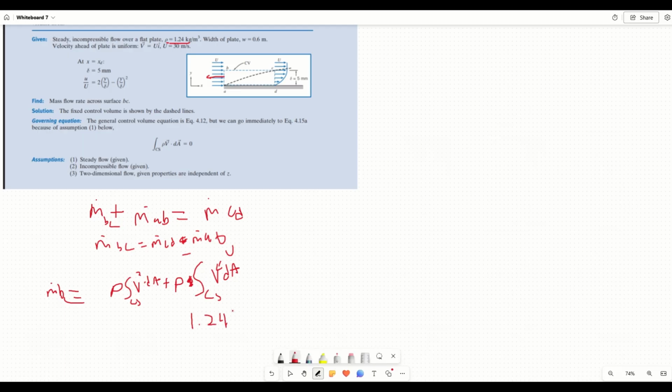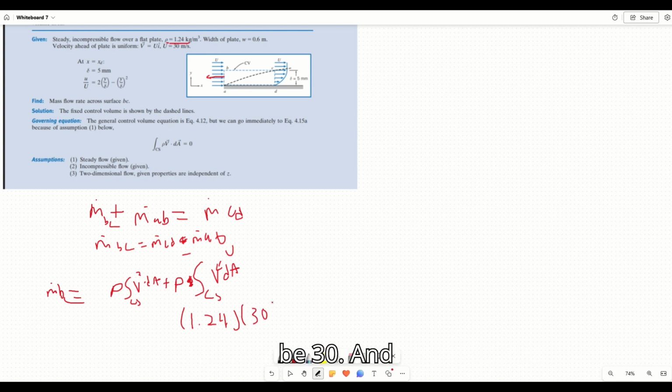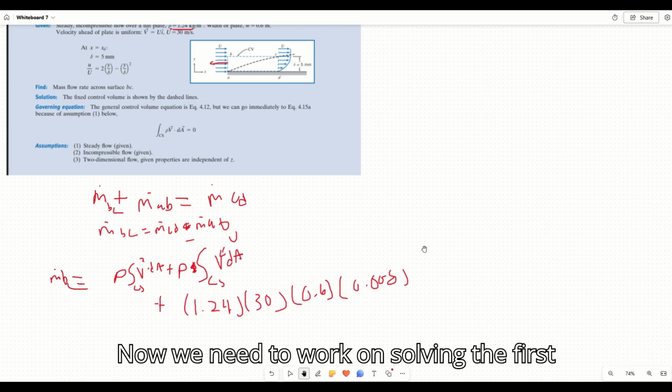1.24. Remember our velocity is going to be 30, and our area is composed of our width and our length. Okay, need to work on solving the first part.